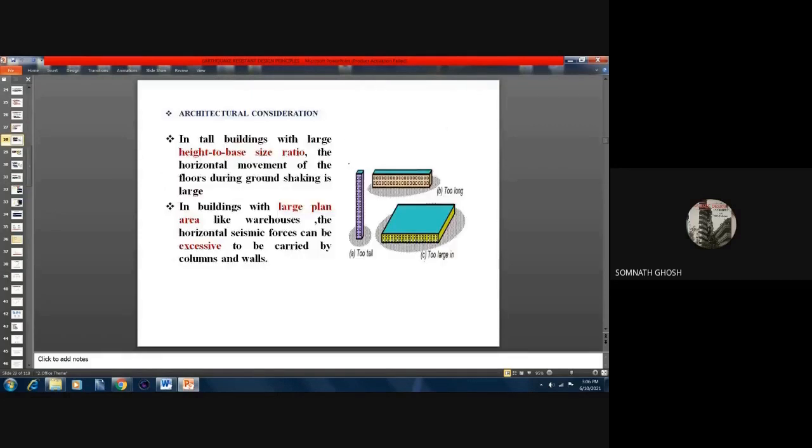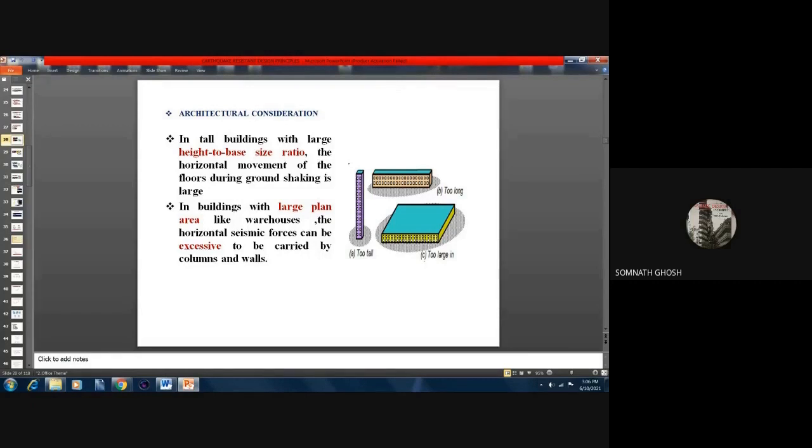Just think about it. One building is too tall. One is too large in plan. One is too long. In tall buildings with a large height to base size ratio, the horizontal movement of the floor during ground shaking is large.